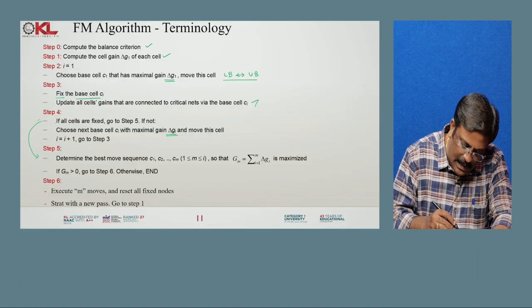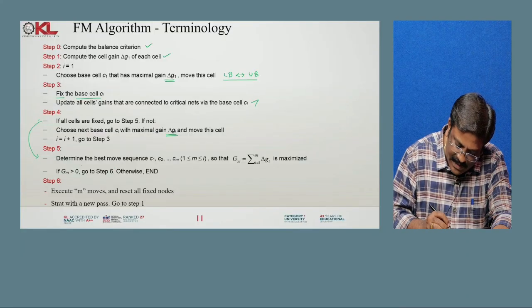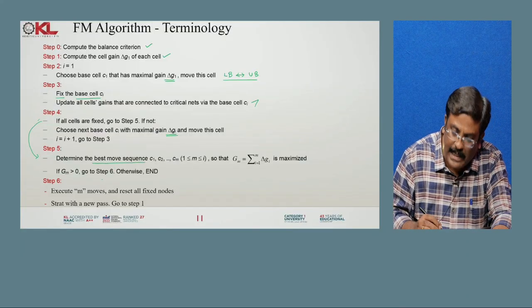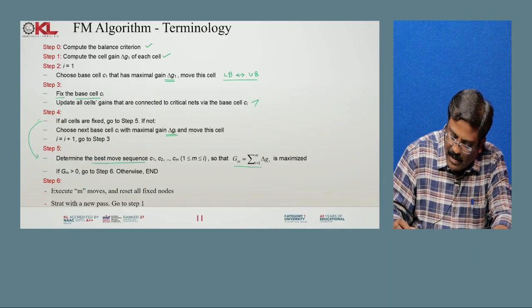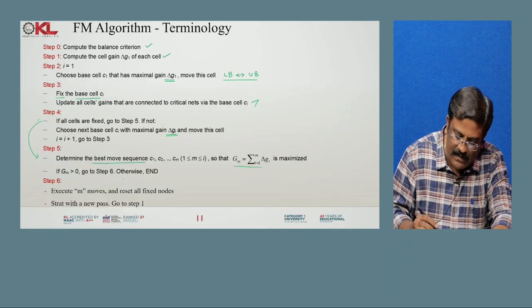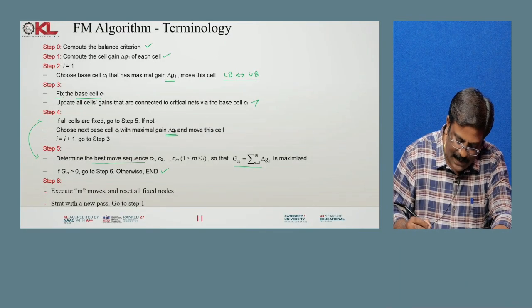Once that is satisfied, we can determine the best move sequence based on the GM value, seeing that the maximum GM value is obtained, and then we can end the program.